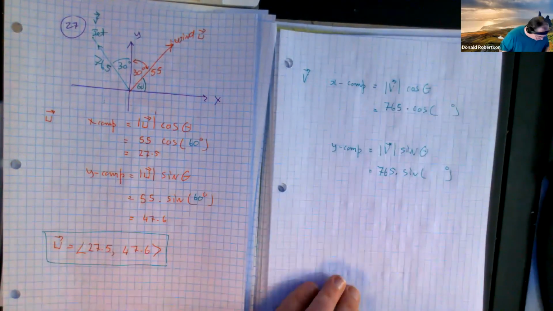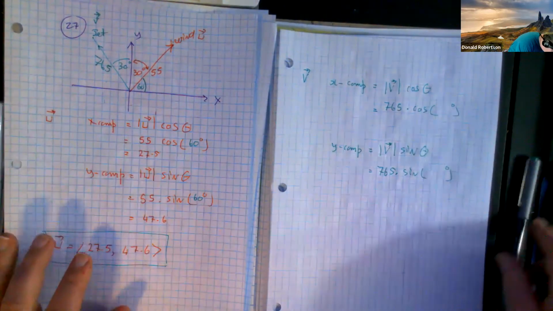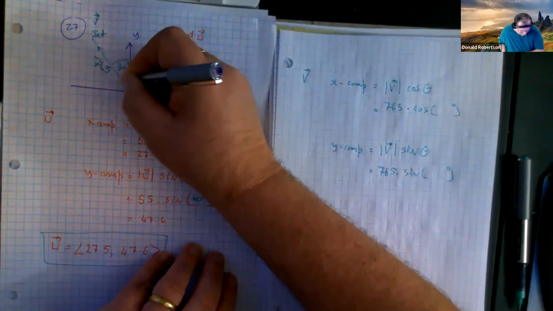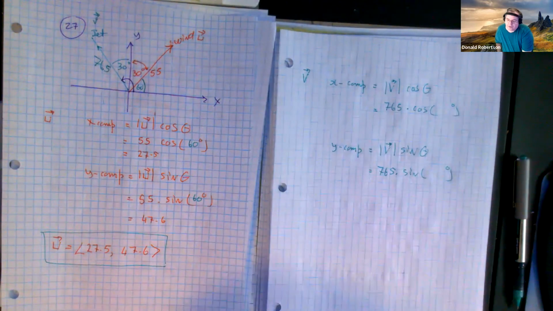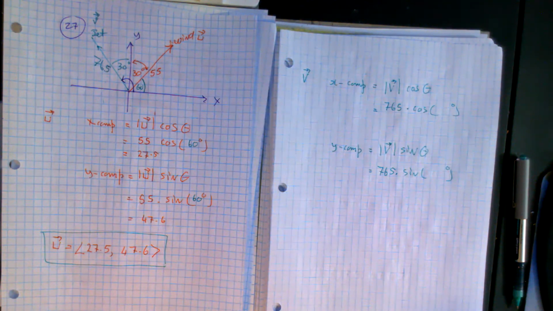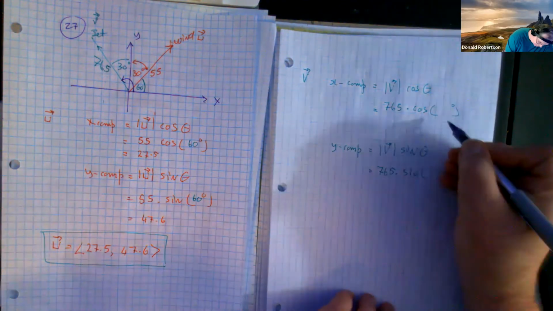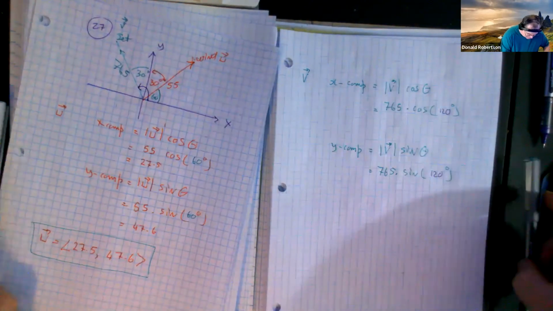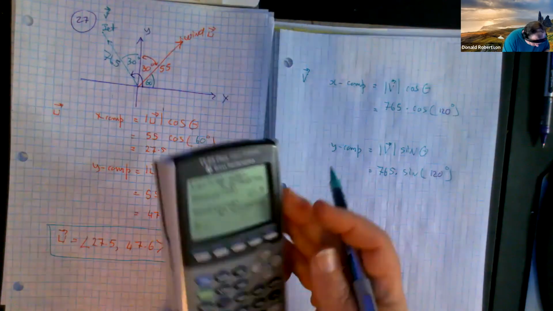Okay, this picture's getting really messy, but one last thing to do. If you do that angle there, which is the angle that you should use, that's the one it makes with the x-axis. How big is the angle for the jet? Is that 120? So you put in 120 here, put in 120 here, and move on to the calculator.